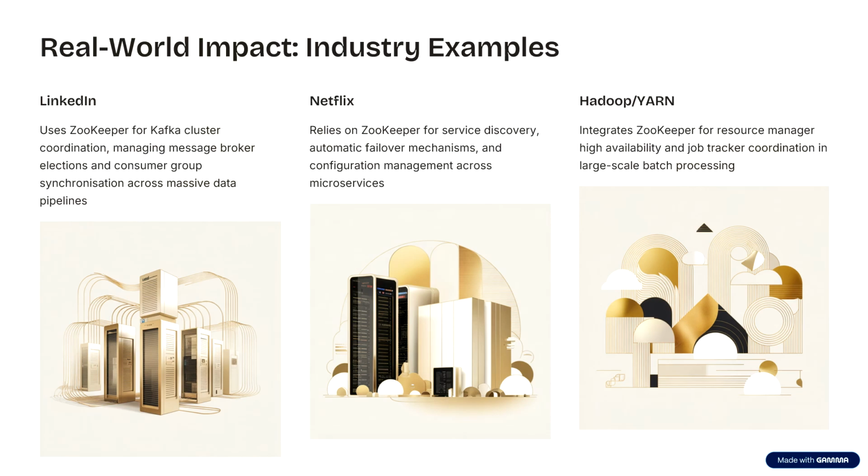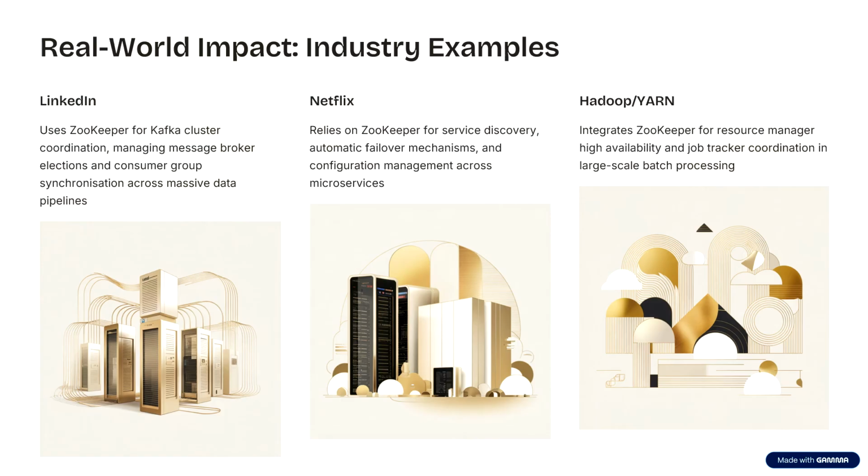Now we see the real world impact of ZooKeeper and industry examples. First we see LinkedIn. LinkedIn uses it in Kafka to manage broker election and consumer synchronization. It uses ZooKeeper for coordination, managing message broker election, and consumer group synchronization across massive data pipelines. And second example is Netflix.